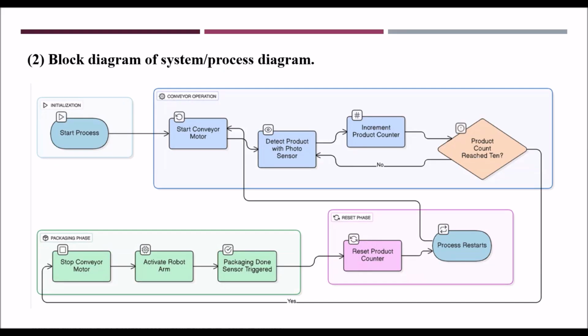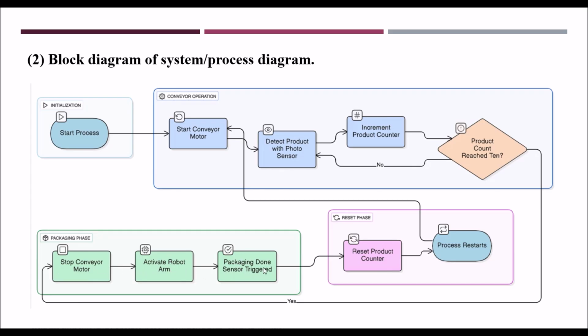And this is the block diagram. When you press the start button, the conveyor motor is on and the products are moving, and a photosensor detects each product, so one pulse is generated, and that is given to the increment counter. And if the counter value is 10, then it is going to stop the conveyor motor and activate the robot arm.